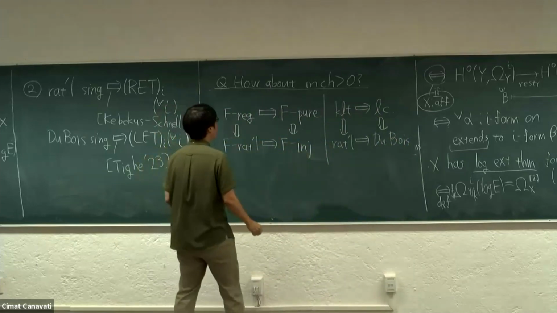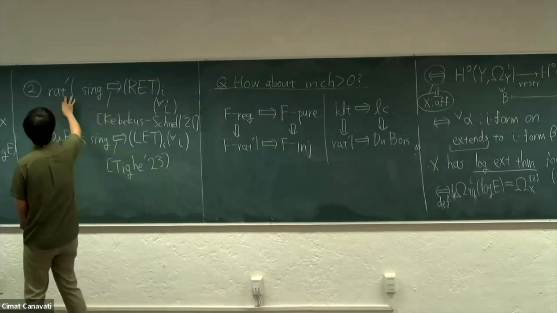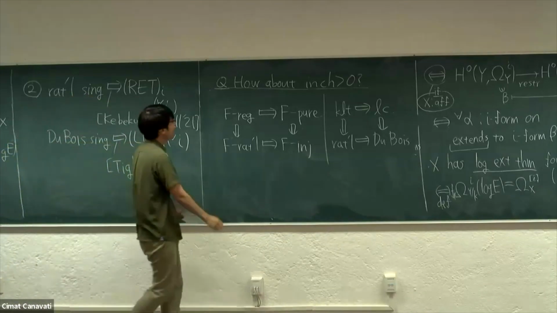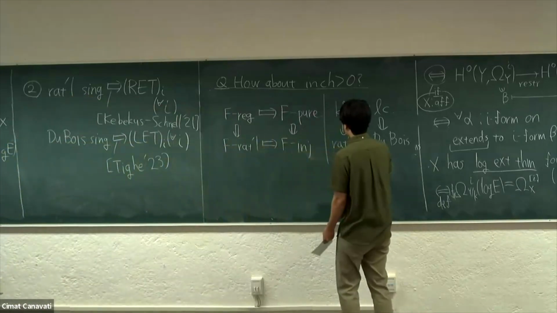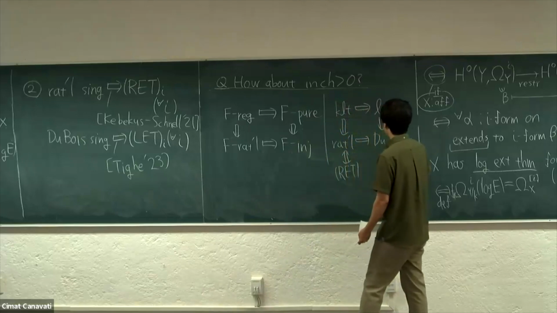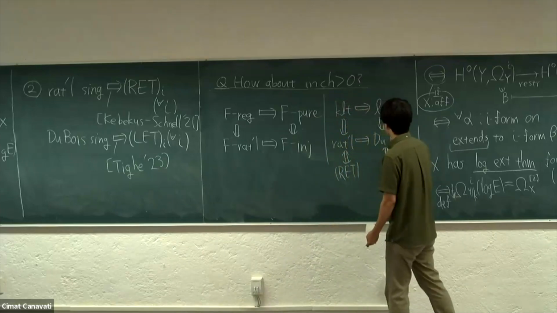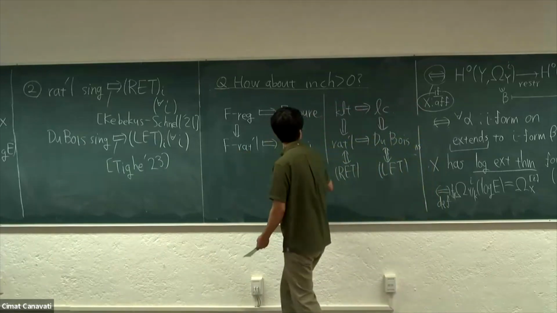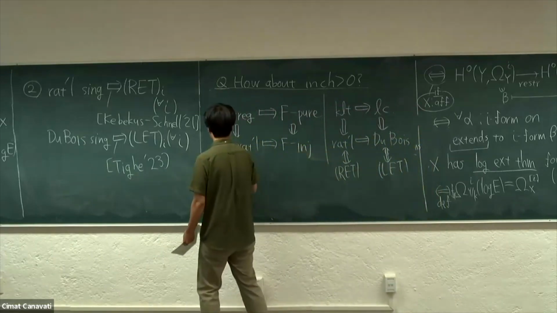Okay. So for example, in characteristic zero, rational singularities implies the regular extension theorem, and this is equivalent to the log extension theorem. So the natural question is whether F-rational implies the regular extension theorem.